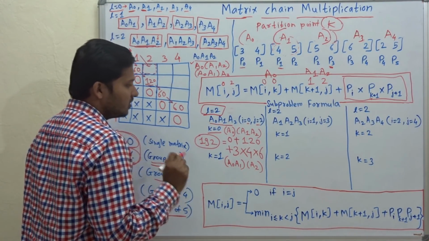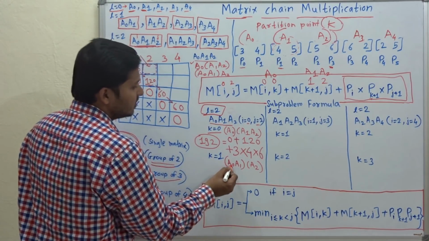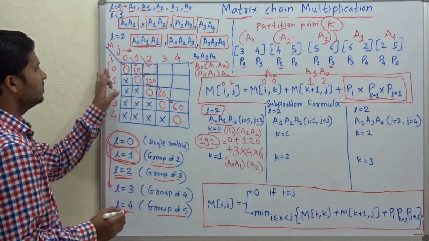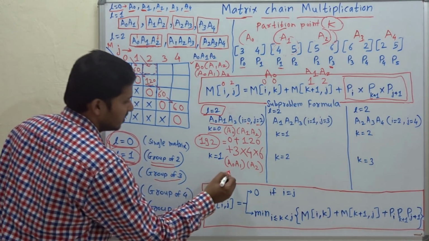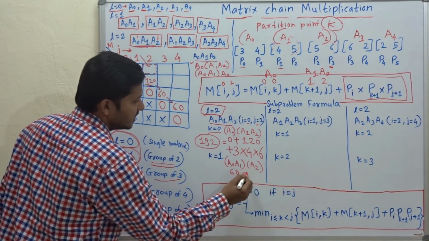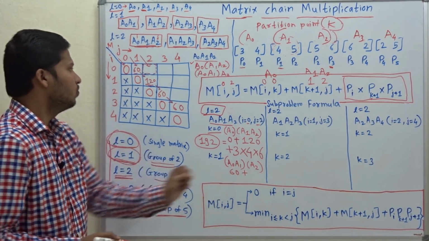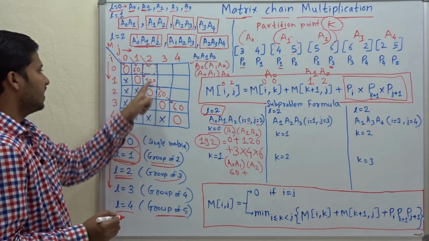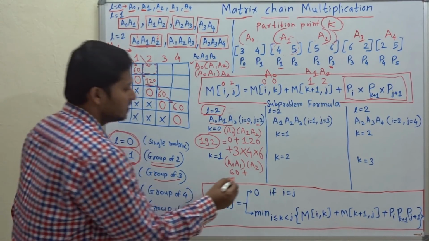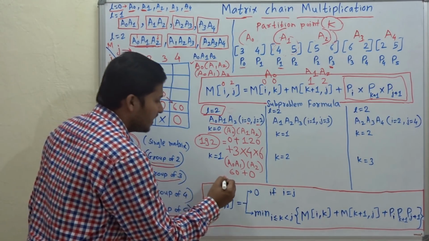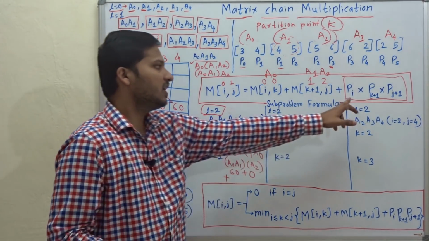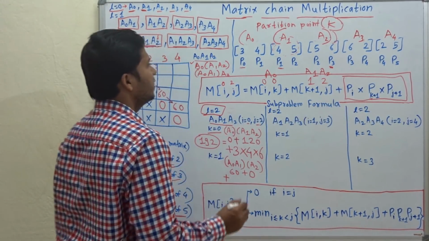Now for this, let's start 0 to 1, that is 60. Cost of A0, A1 is 60. Cost of 2, 2 is individual, so that is 0. And finally plus Pi into Pk plus 1 into Pj plus 1.